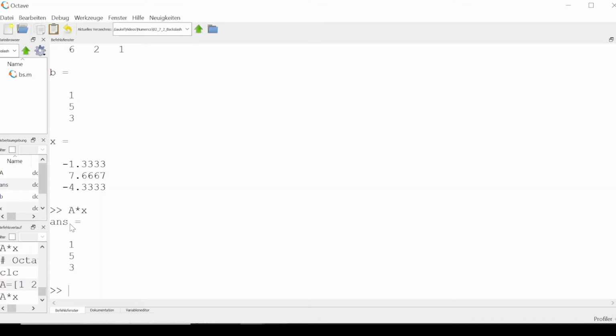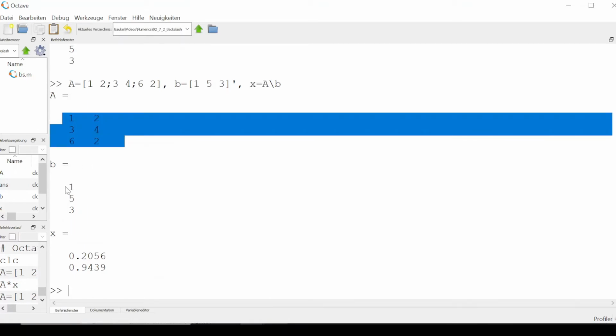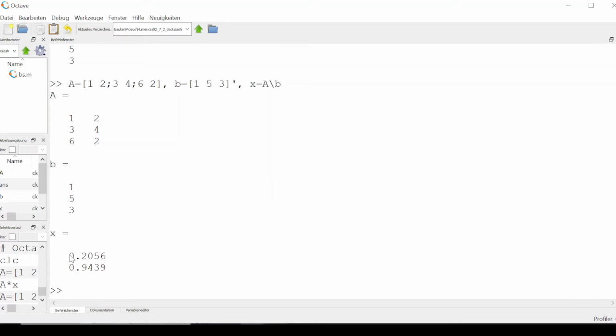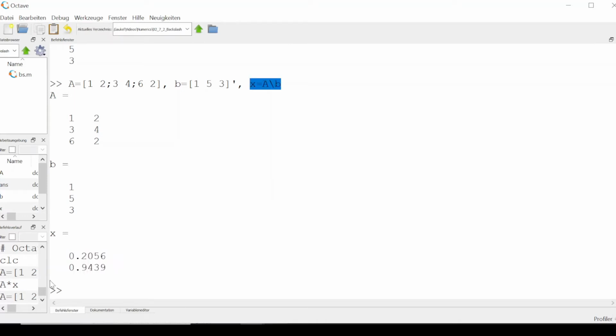But in the last video we learned that overdetermined systems can also be solved using that backslash operator. Let's have an example. Now we have more equations than unknowns, and a right-hand side according to the number of rows in A, and then the backslash operator gives us this solution.